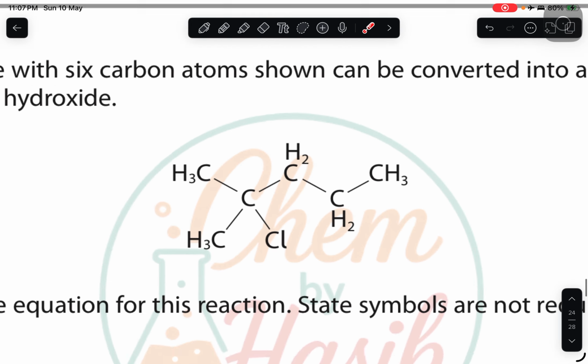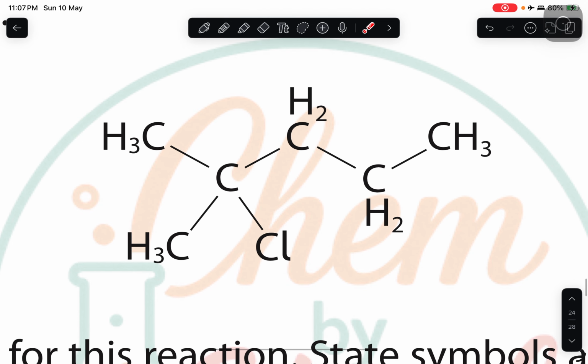In F3, elimination occurs. So when elimination occurs, this chlorine can get eliminated with this hydrogen. If chlorine gets eliminated with this hydrogen, the position of the double bond would be here on carbon number 2.